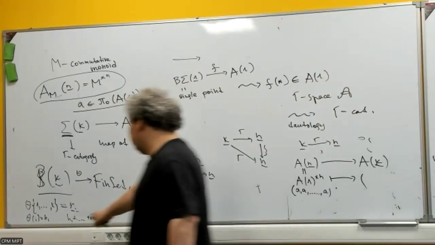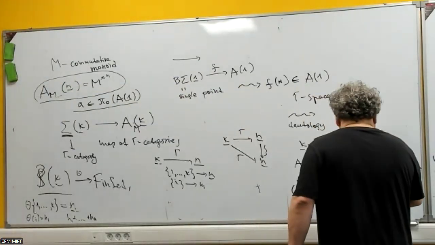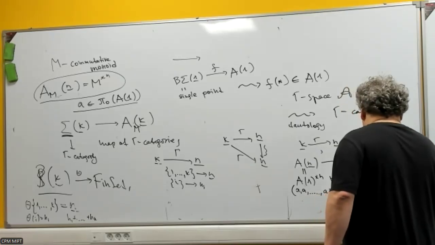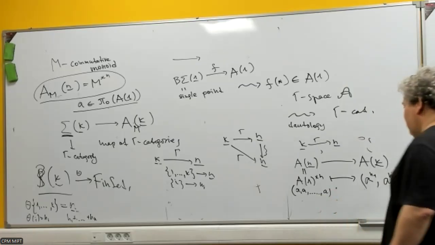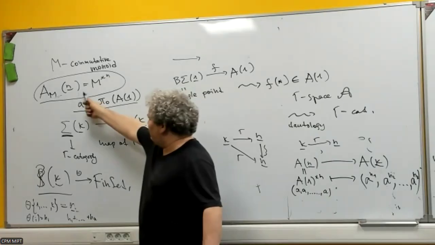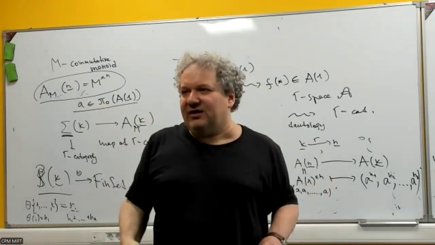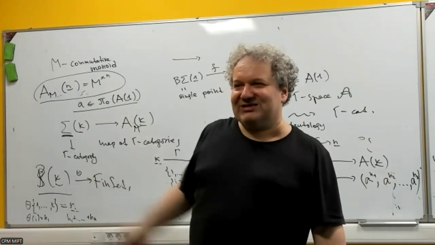Clearly, in this notation where theta of i is n_i, it's mapped to a^{n1}, a^{n2}, and so on, a^{nk}. Right? Because that's how we defined the action for this particular monoid gamma space. We take just the product of all elements of this subset.